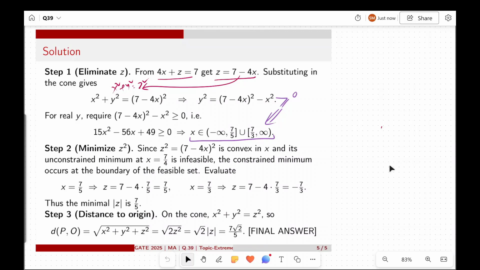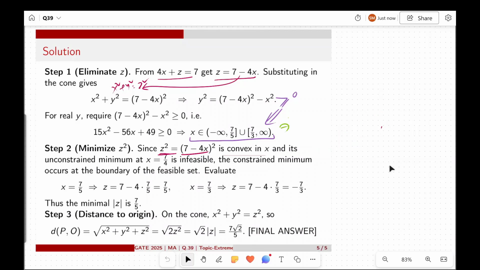Now look at the expression for z. z squared equals 7 minus 4x squared, which means this expression is convex, and z equal to 0 implies x equal to 7 by 4.